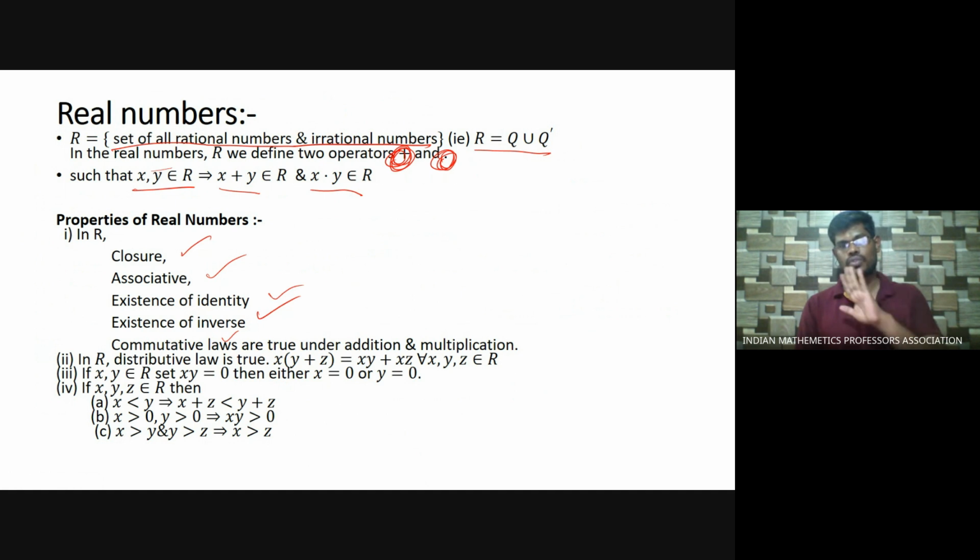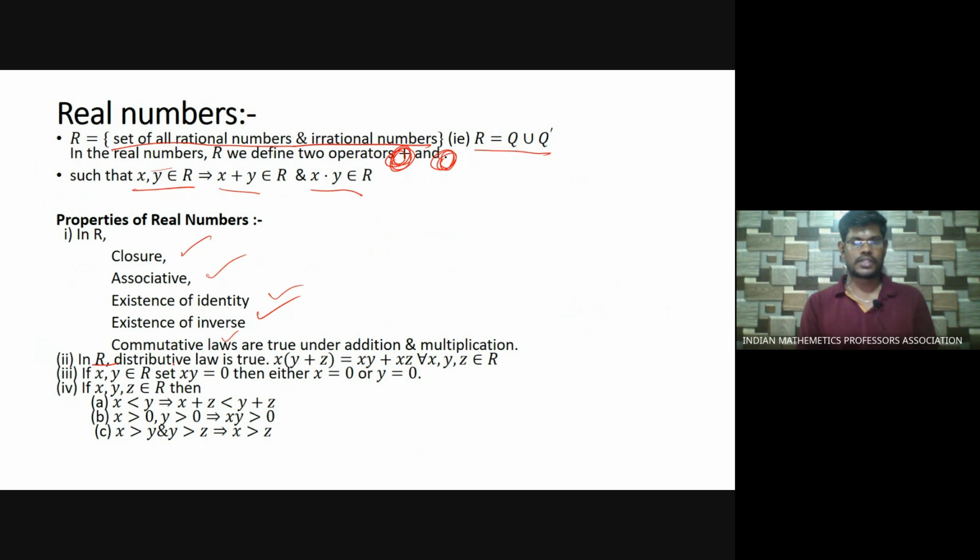If the set satisfies these five conditions under addition and multiplication, then that is called the real numbers.